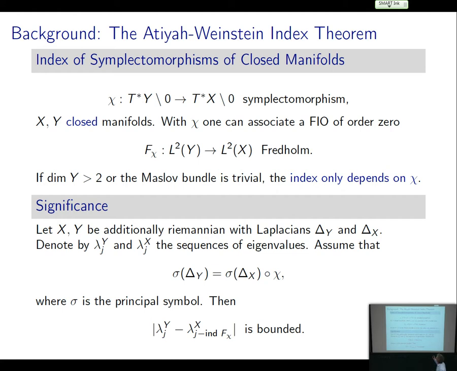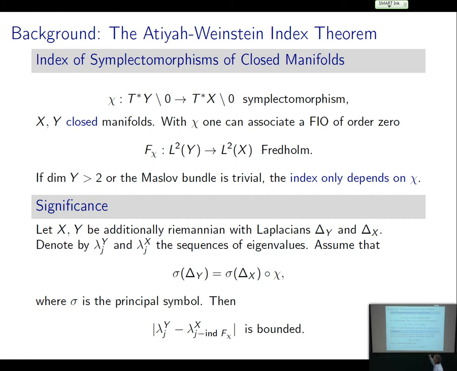And you take, okay, this chi, this symplectomorphism, defines a Lagrangian in between the cotangent bundles. So this Lagrangian, as you know from Hörmander's theory, is locally described by a phase function. This is the phase function you take. So you take this phase function that characterizes your Lagrangian and an arbitrary section of this thing, and you get a Fredholm operator.